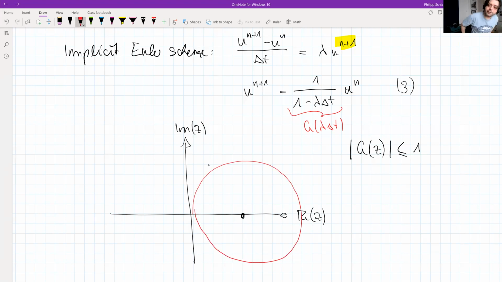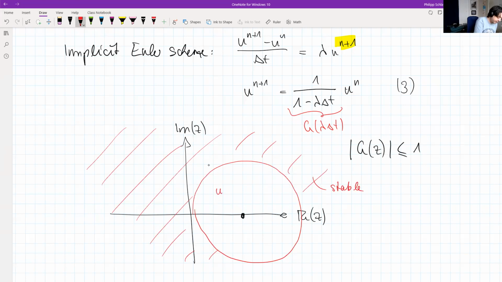But because it's the inverse of it, it means that stability is actually on the outside of this circle. So that means everything that is hatched now is stable, and the inside of this circle is unstable. And now that's a completely different situation than we had before, because now it turns out that essentially everything is stable except this circle that is on the positive axis on the right.